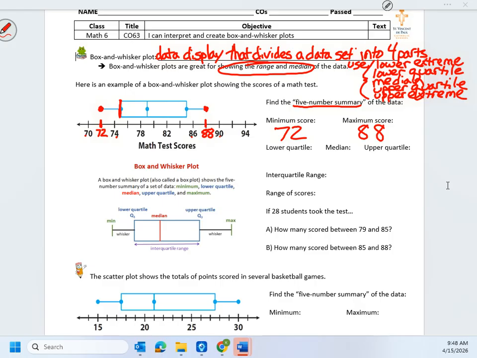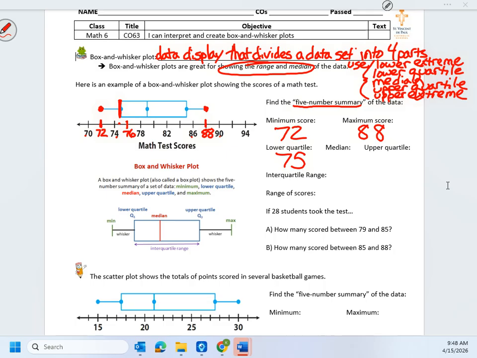Rhoda? 75. Very good. We know the middle of 74 and 78 would be 76, and that line comes in between 74 and 76. So our lower quartile, the left side of our box, is the beginning of that lower quartile. Okay, so that is 75.